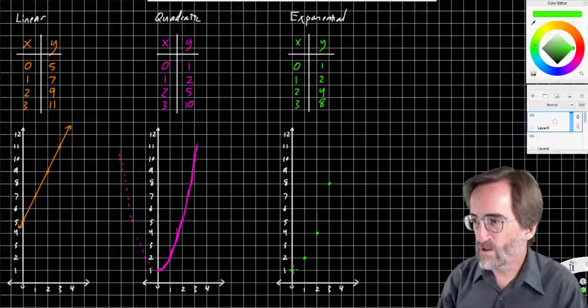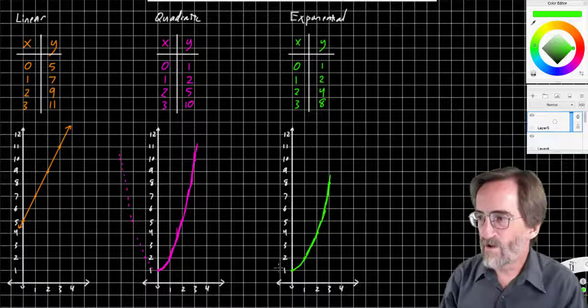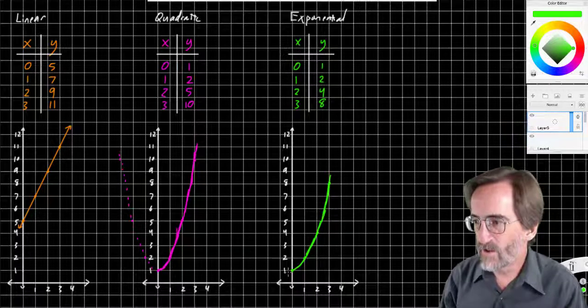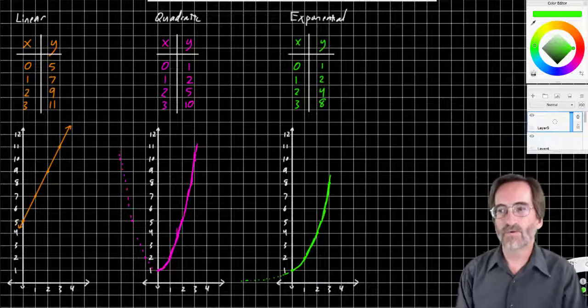Okay, it goes out a little flatter. And if I were to graph the left half of it, what it would do is go down like this. It's kind of a ski jump shape.